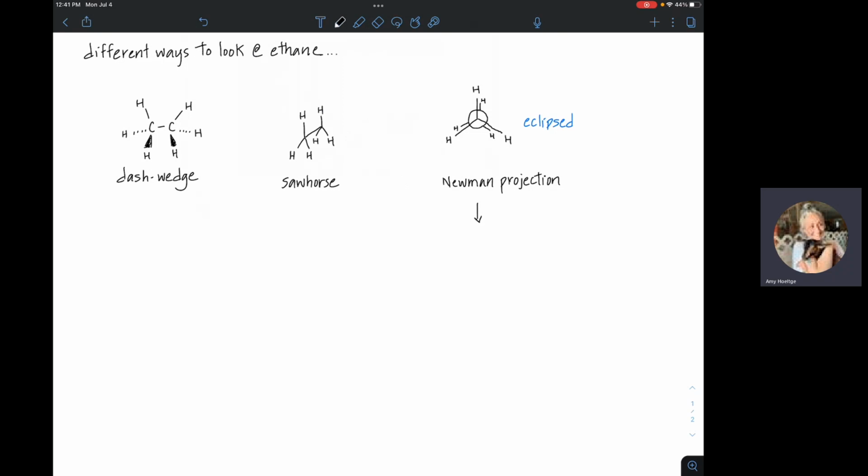If we rotated this 60 degrees so that all of these little hydrogens are staggered. So there's our front carbon with the 2 hydrogens. We put a little circle around this to indicate there's a carbon behind it. We're going to rotate around that carbon-carbon single bond 60 degrees.